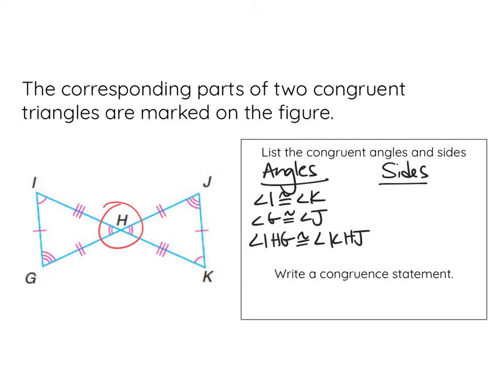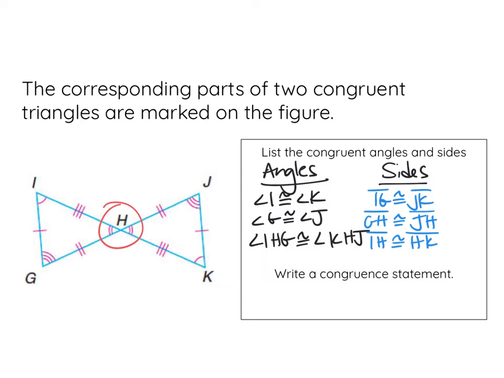So the 1 tick mark is IG and JK, so we could say IG is congruent to JK. 2 tick marks would be GH, and that would be congruent to JH. And then 3 tick marks, we'd have IH, which is congruent to HK. And the order that we write those doesn't really matter.